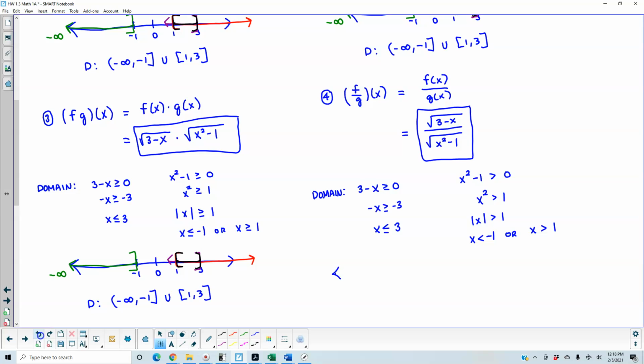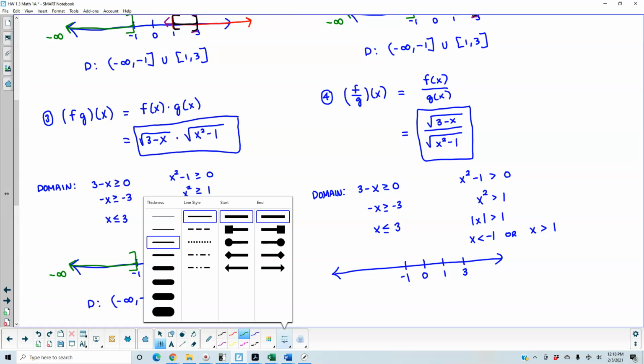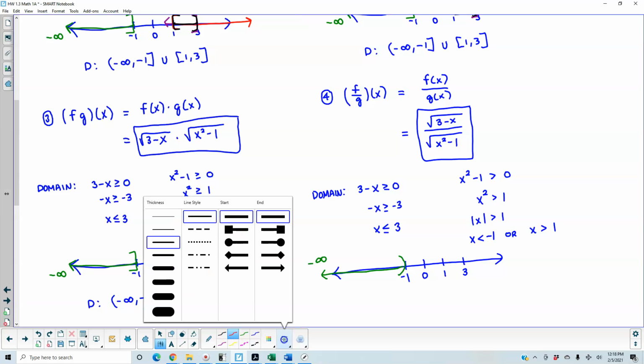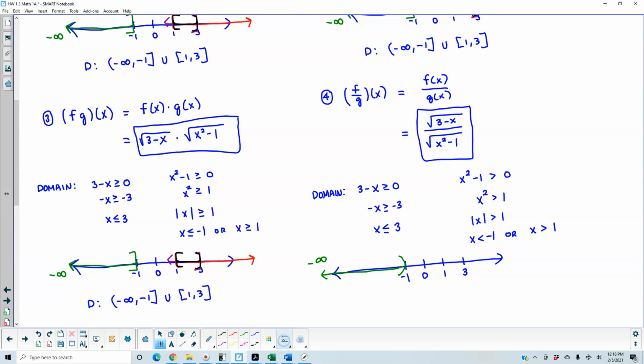So the difference here when we use our number line is that we have negative 1, we have positive 1, and then we have positive 3. So at negative 1, we have a parenthesis going towards negative infinity. At positive 1, we have a parenthesis going towards positive infinity.